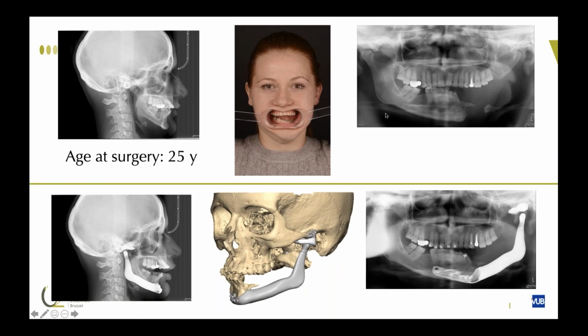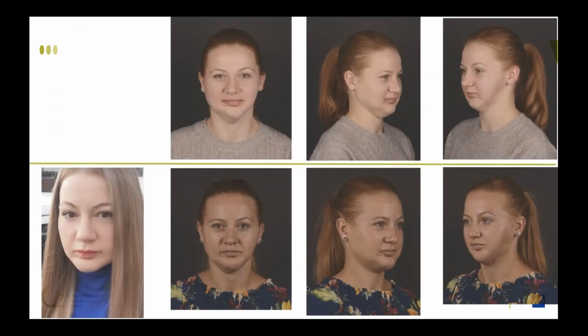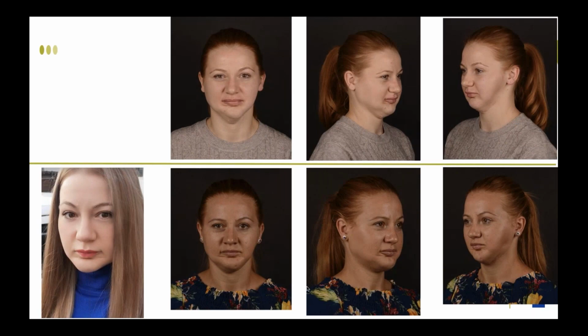A case I did with Drs. Nicolescu and Dorobantu in Bucharest. Unfortunately, we could not offer her a dentition at the left side. But we work on a solution for that, which I cannot disclose at this moment. But here she is before, and I think 2 years or 3 years after the reconstruction.